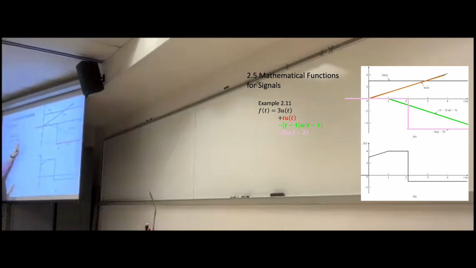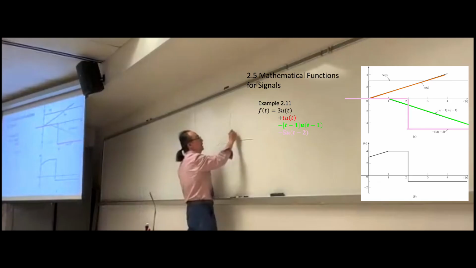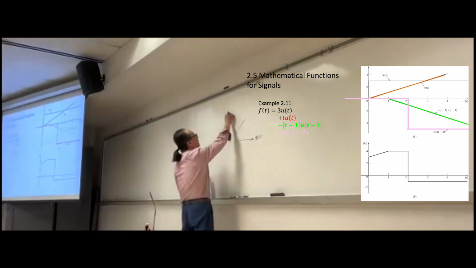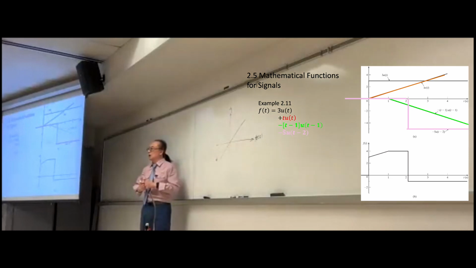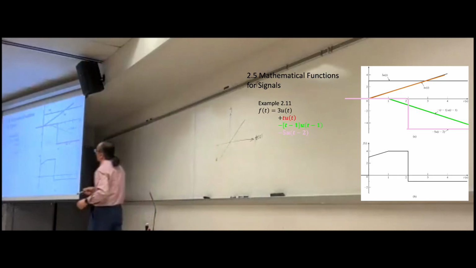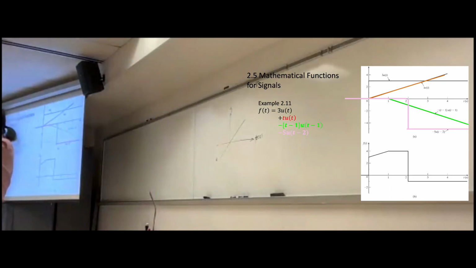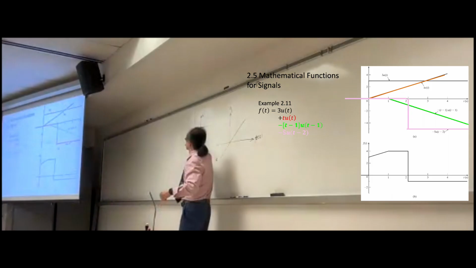And then the second one, the red one, is t u of t. So t is going to be a straight line going up. This is t axis, and this is y, right? So t is a straight line, slope of 1, going from negative infinity to positive infinity. And we're multiplying by u of t. What is u of t? The unit step function. U of t, anything below 0 is 0.